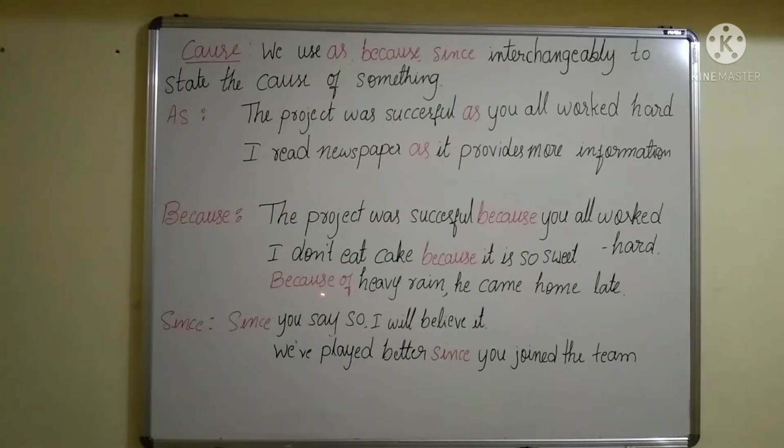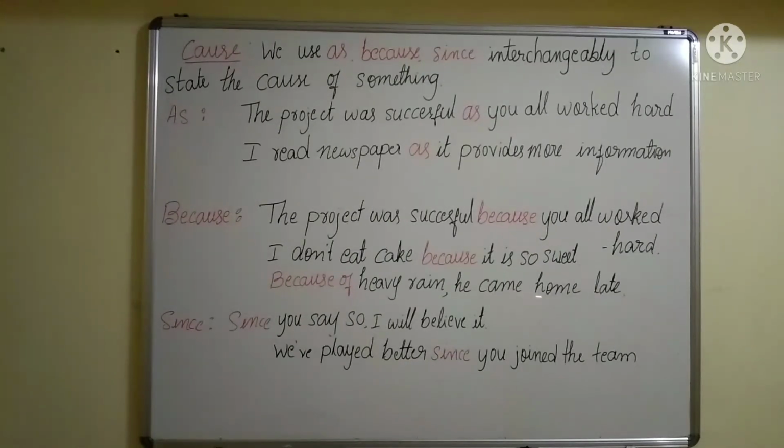See, "Because of heavy rain, he came home late." You can notice this sentence starts with a subordinating clause. Because of is a subordinating conjunction, so this sentence starts with a subordinating clause.